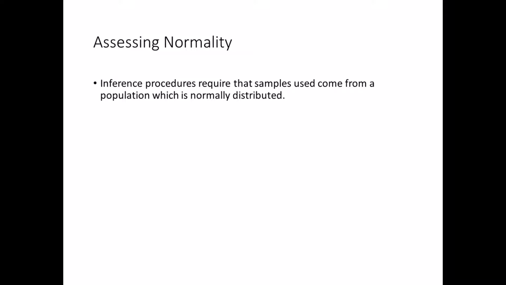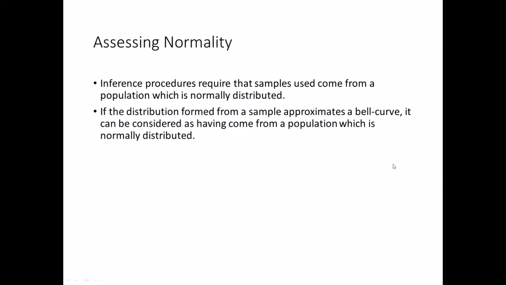and in order for us to be able to do these things, we have to ensure that our samples are roughly mound shaped, the distributions of them. And the reason that we have to do that is because if we can find out that our sample does approximate a bell curve, it does then give us some reason to believe that the entire population fits a normal distribution or a bell curve.